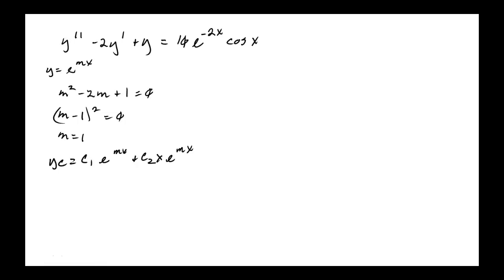All right, but they're actually just asking for determine the form of a particular solution for this. 10, don't worry about the 10, okay? What we concern ourselves with is e to the minus 2x cosine x. Now, if you go back to page 150, example 7, equation 7, you see the annihilator differential operator annihilates what we have here.